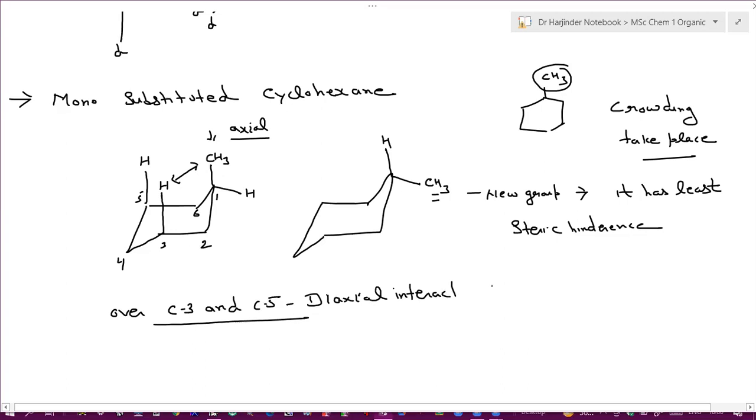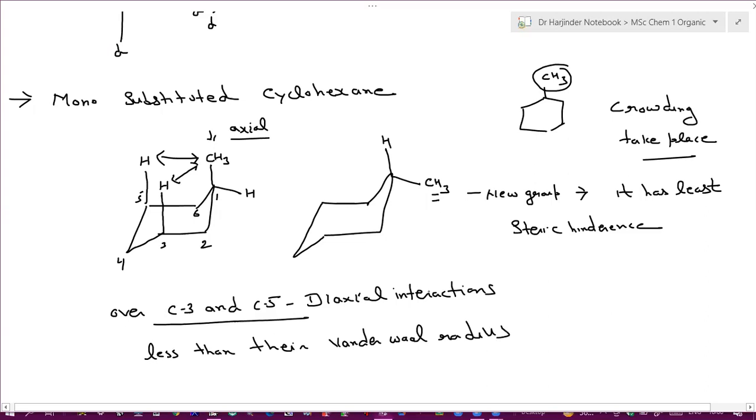And due to this diaxial interaction, the distance between these groups, which are present on the same side, is less than their van der Waals radius.